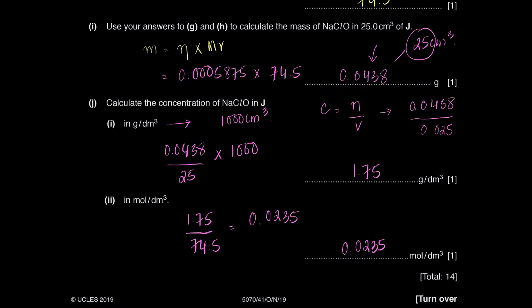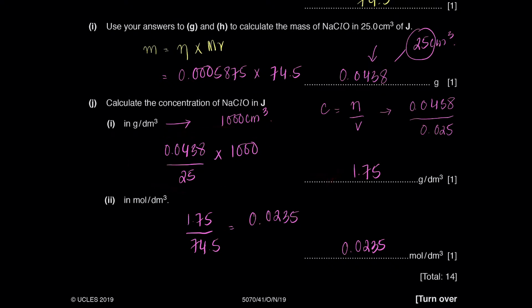So I want to figure out how much NaClO there is in 1,000 centimeter cube of J, or 1 decimeter cube of J. If 0.0438 are present in 25 centimeter cube, I'll just do ratios to figure out how much there are in 1,000 centimeter cube. So this divided by 25, multiplied by 1,000, will get me how much there are in 1,000. I hope that makes sense, and that's exactly what I did to get 1.75.